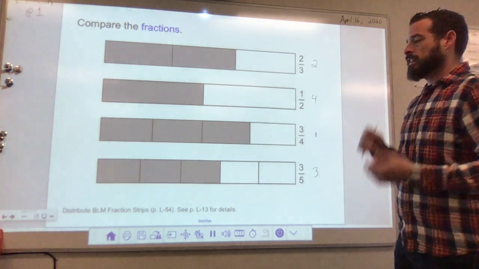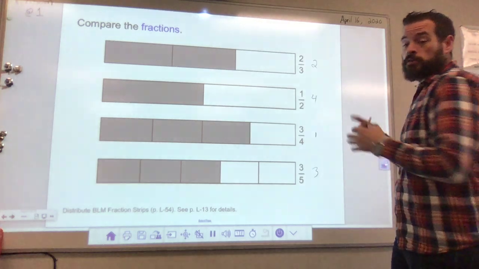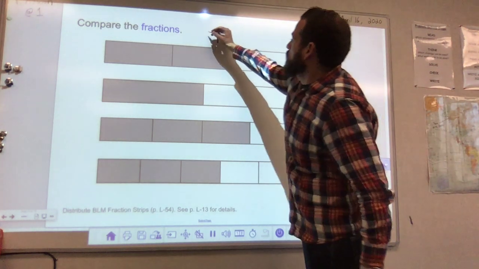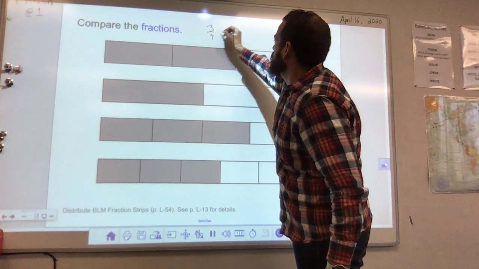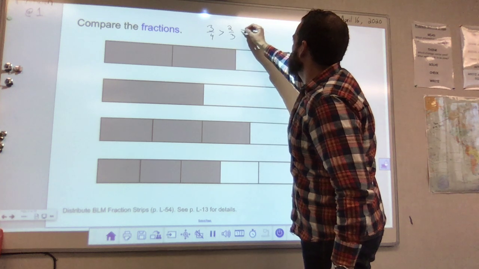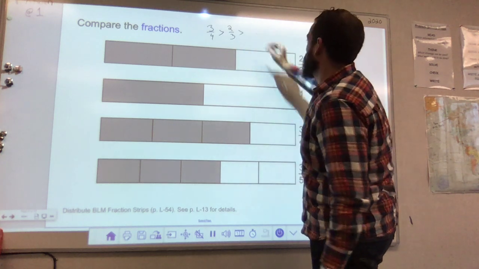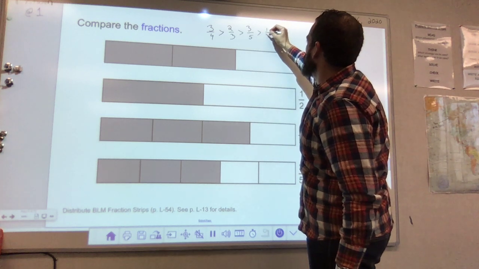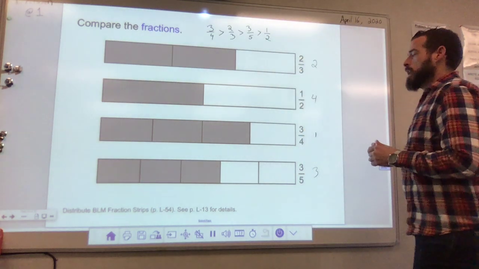Now, if you wanted to write these fractions comparing using greater than and less than, we could say 3/4 is greater than 2/3 is greater than 3/5 is greater than 1/2.